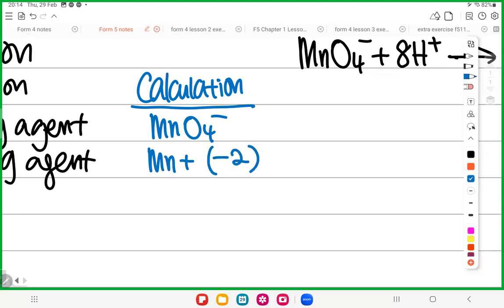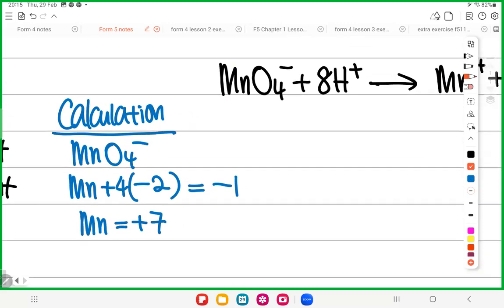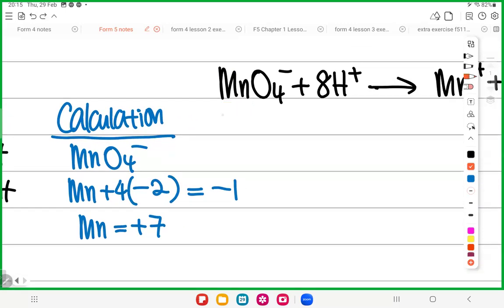How many oxygen do we have? 4. If you add everything together, it must equal the total charge. What is the total charge? Negative, and no number means 1, so -1. From here you do your calculation, and you get +7. So now I know the oxidation number for Mn here is +7.